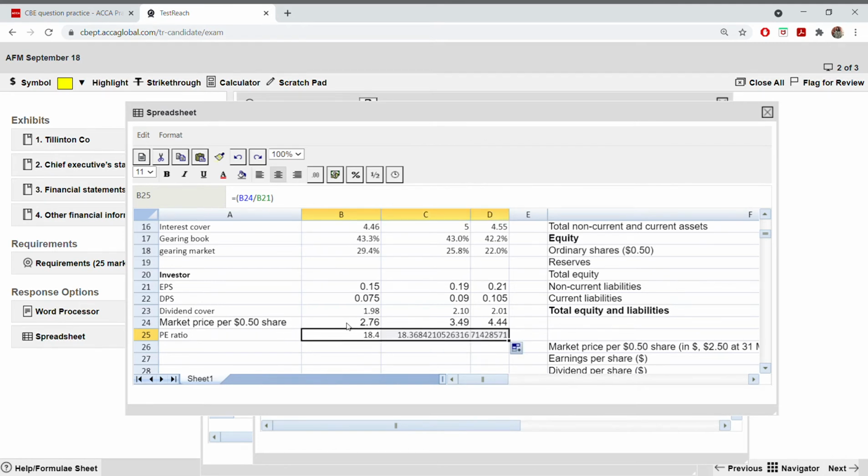Because if you didn't, imagine going to this EPS again in order to calculate the price earning ratio. Sometimes when you need such ratios, keep it ready in one table only. Okay, so 18.4, 18.37, and this one.